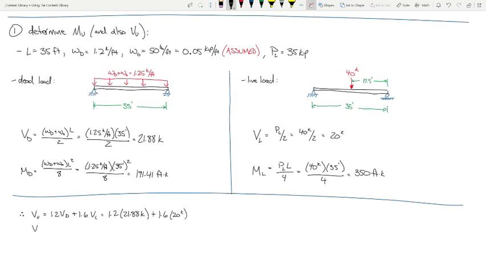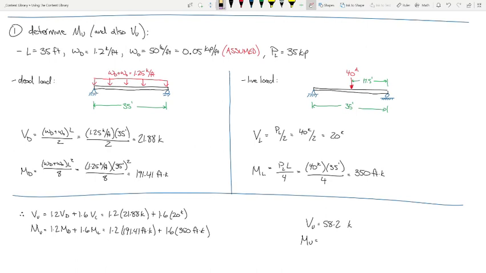And I think I can go ahead and give you some of these. So VU, I got VU as 58.25 kips. Does that sound right? I'm hoping. Yeah. MU 58.26.